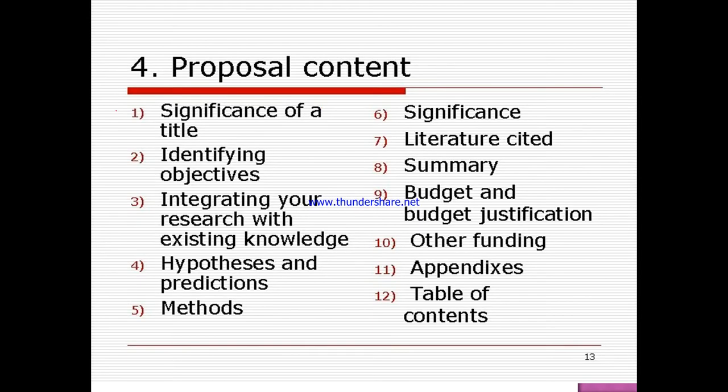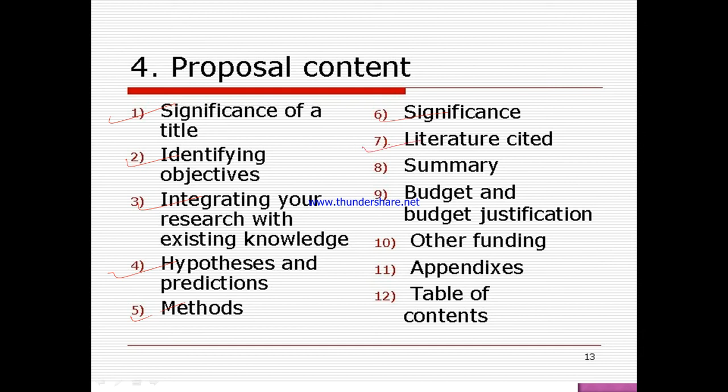Your proposal should have the significance of the title, the problem statement, and a clear-cut objective. Integrate your research with existing knowledge. Then propose the hypotheses and predictions, the method you will use compared to existing methods, and the significant outcome you will get.